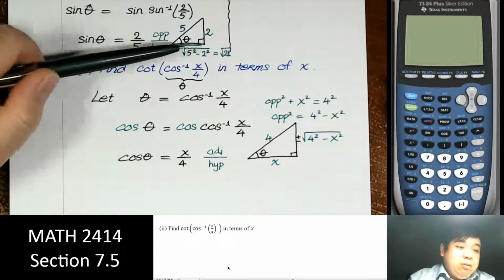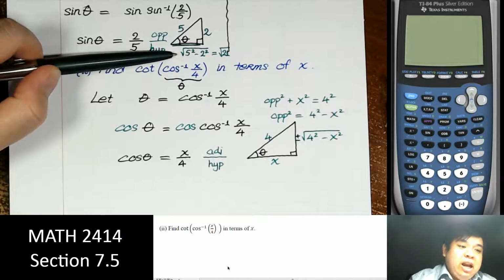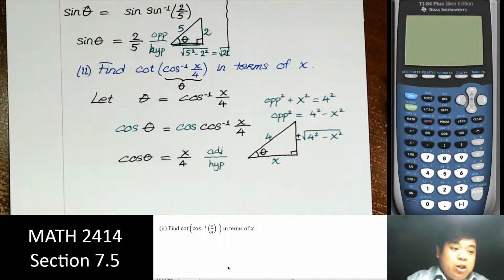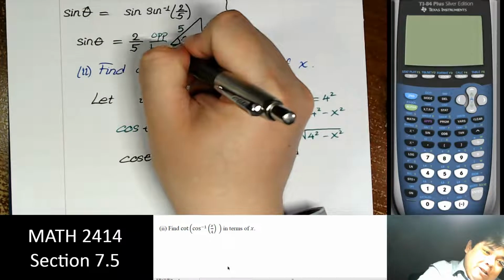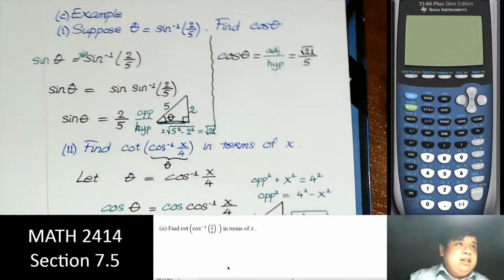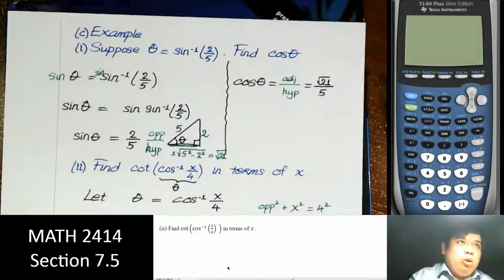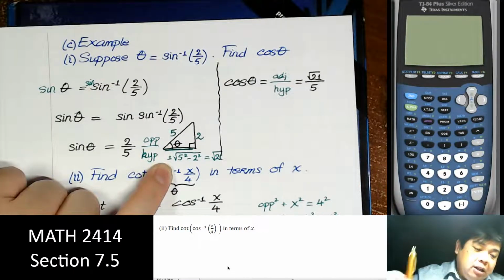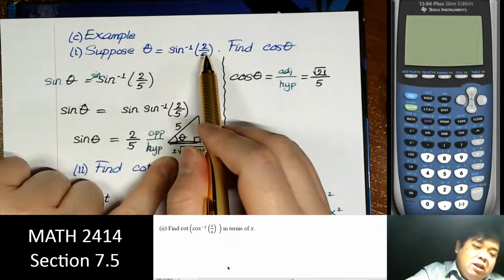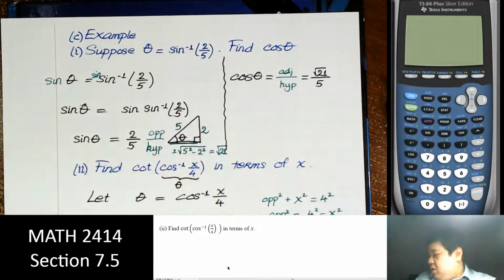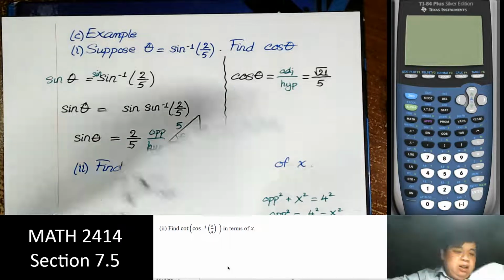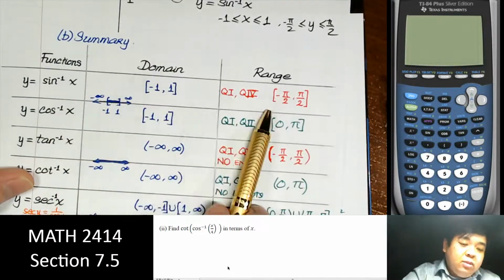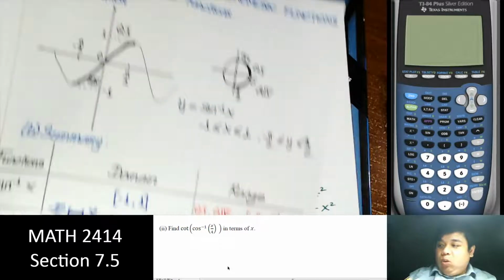And you may ask why we didn't have the plus or minus here from the beginning. Actually, we could. But I'll go back to the previous problem real quick. Like I said, it should be plus or minus. But remember, for the sine inverse, the result comes out in quadrant 1 and quadrant 4.